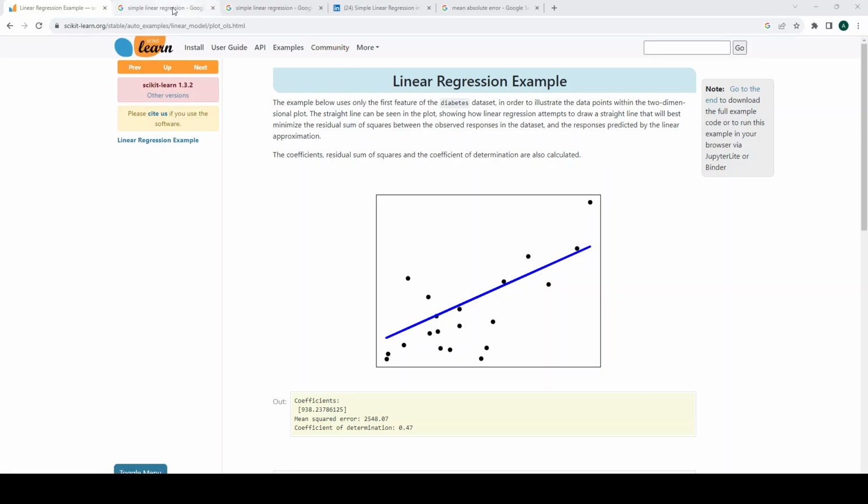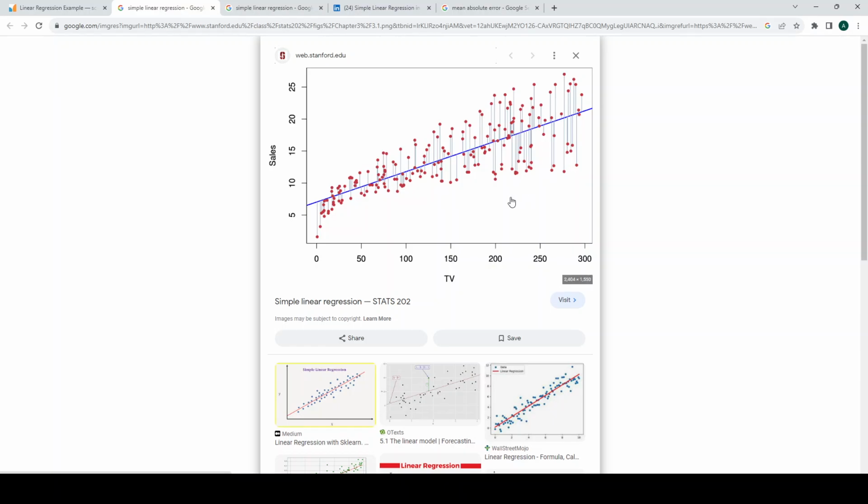Now, let us see what is happening in the ordinary least squares method. As you can see, there is a difference between your predicted value from the model and your actual values. So what the algorithm will do is find this distance and square the distance, and then it will do a sum, and a mean of the squared values.